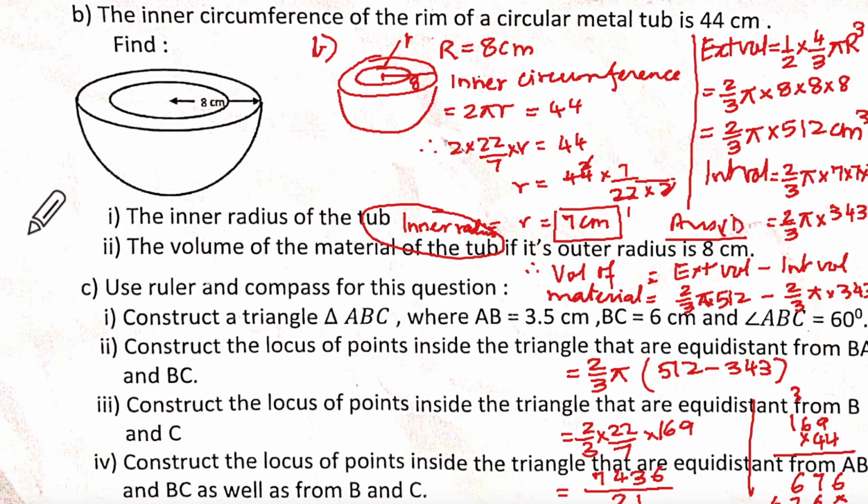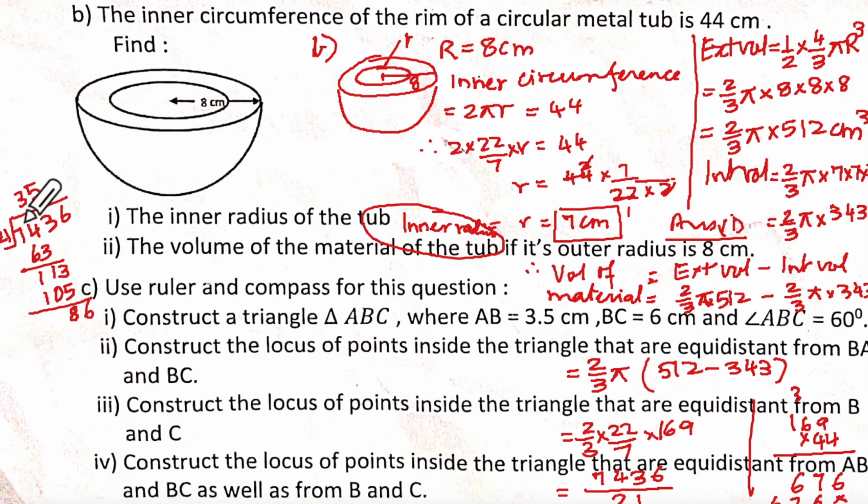And then you will have to do long division. I don't have space, so it will be 7436 divided by 21. So 21 into 354... we'll have 11 remaining, correct? Then 3. It will go 5 times, 105, correct? Then 8 remain.